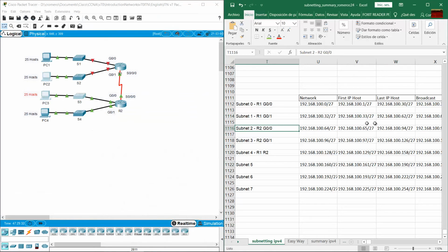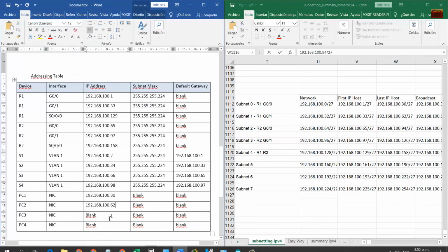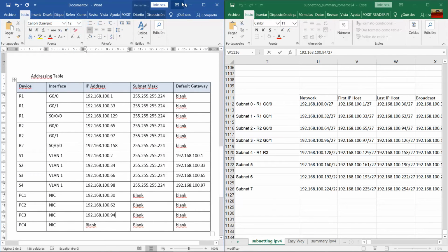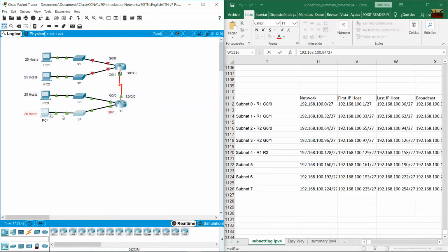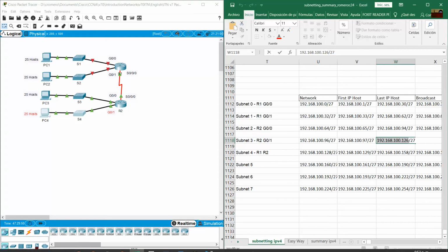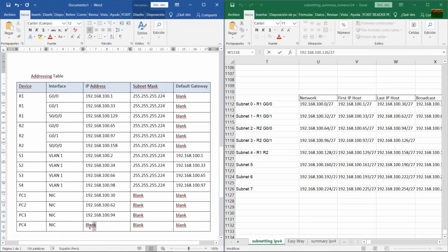PC3, subnet 2, 94. PC4, subnet 3, 126. Same subnet mask for all. On the default gateway, the first IP address on each subnet. And it is this.